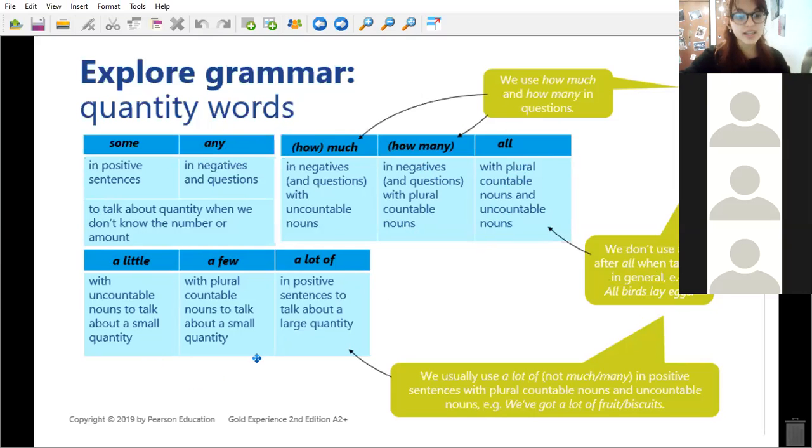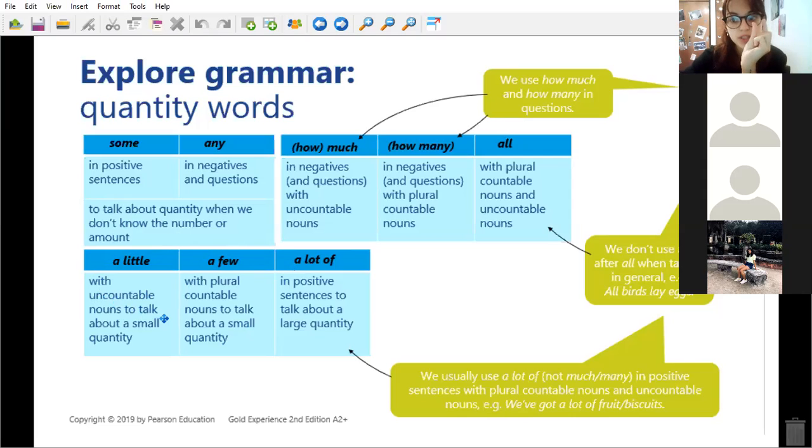And finally, we have these three: a little, a few, a lot of. So we use a little when we have an uncountable noun and we need to talk about a small quantity. So they have a little money to buy sweets, a little water, a little milk.